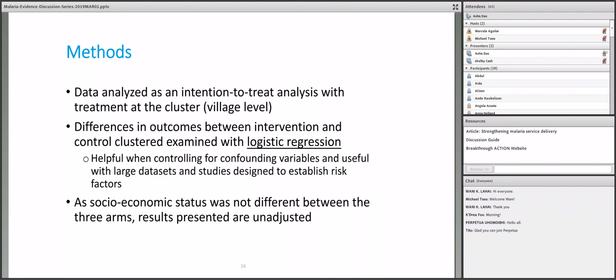As you may know, logistic regression helps when we have so many confounders and when we deal with large sample size and when we look at attribution of interventions. At the baseline, we looked at the socioeconomic status and they were not different. You could see that in the paper where we present the baseline balance. So the results were presented without any adjustment, since we did not see any socioeconomic difference at the baseline.